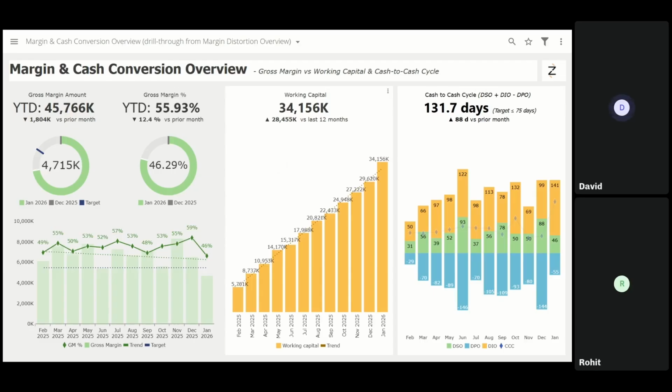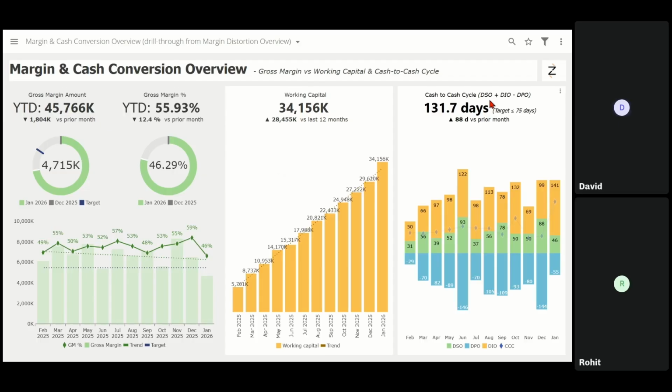So to understand more about the details of this problem, let's jump to the next chart where we have the cash to cash cycle. And as we mentioned before, this is analyzing how fast we turn these sales into cash. So basically, this is summing three metrics. This has the days sales outstanding, also known as DSO, which is calculating the average number of days it takes us to collect the cash.